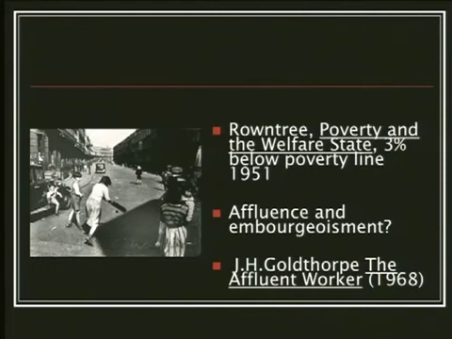So Seebohm Rowntree, who you will remember starts this all off in 1901 with his study of York, has a return study in 1951 called Poverty and the Welfare State that shows that just 3% of the population were now living below the poverty line, whereas in 1901 he had discovered that over 30% of the population were living in poverty. And this was widely seen to be, by people like Rowntree, as a product of the very new welfare services that had been established in the post-war period.